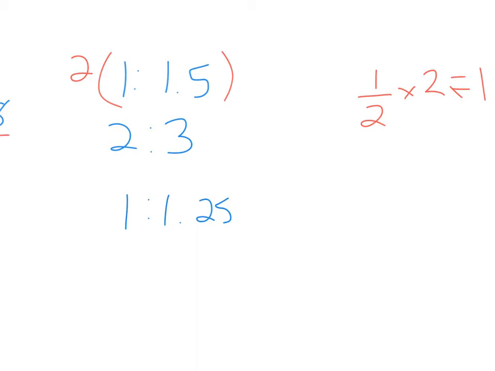And now in this case, I have 0.25. Now 0.25 as a fraction is 1/4, as you may know. And so I know that multiplying by 4 to give me 4/4 will equal 1 whole. So in this case, if I'm faced with a situation where I have 0.25 as part of a ratio, I'm going to multiply both sides of that ratio by 4 in order to eliminate the 0.25. So 4 times 1 is 4, and 4 times 1.25 is 5, and there's my whole number ratio.